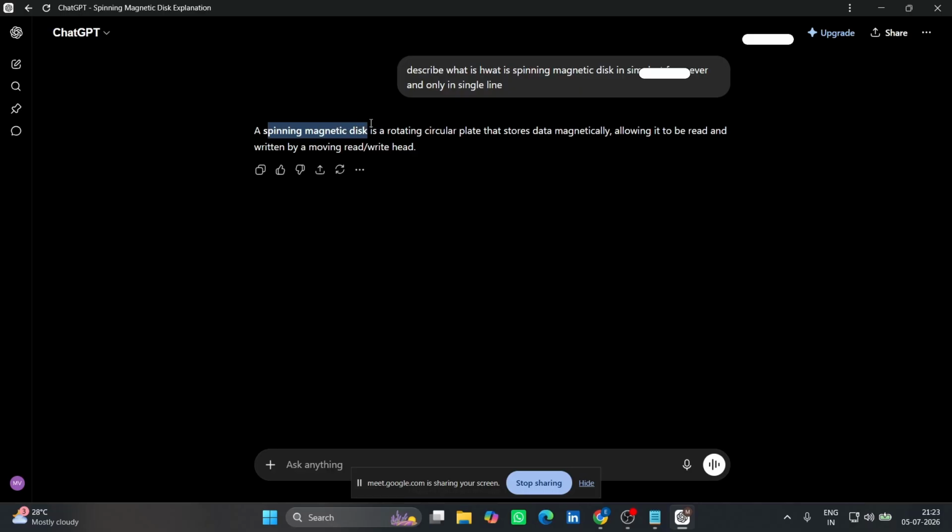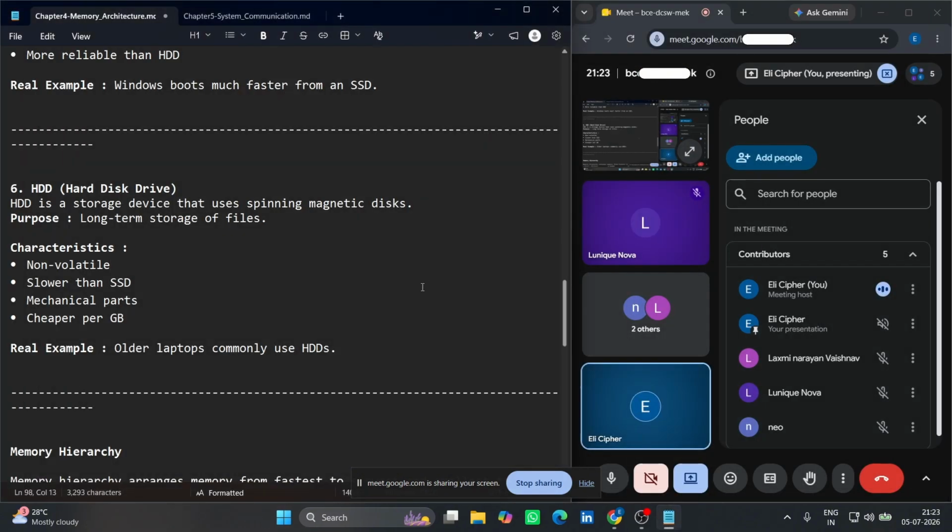A spinning magnetic disk is a rotary circular plate that stores magnetic data. Okay, it basically talks about our CD. Yes, hope that you connected.